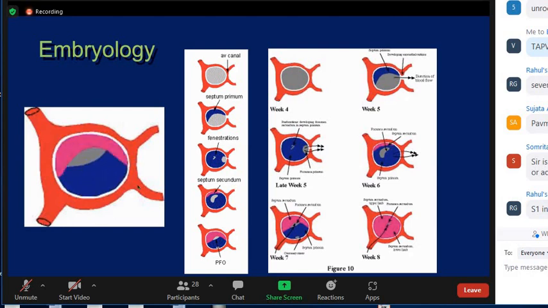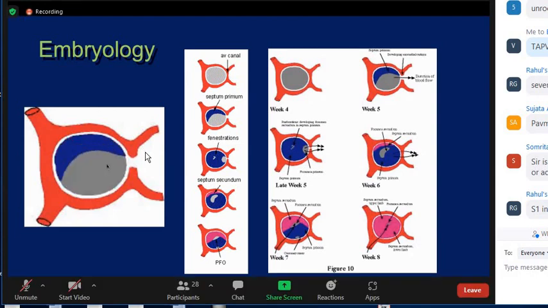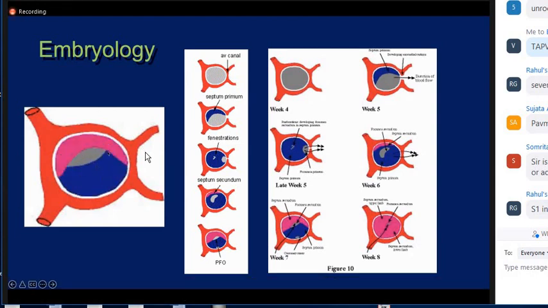The septum secundum is formed and tries to close these fenestrations present in the septum primum, leaving a small but important hole called the foramen ovale, which is important in fetal circulation. Suppose the foramen ovale is big, or the septum secundum is not forming completely, or the septum primum has more fenestrations, then you will have a secundum or fossa ovalis defect.